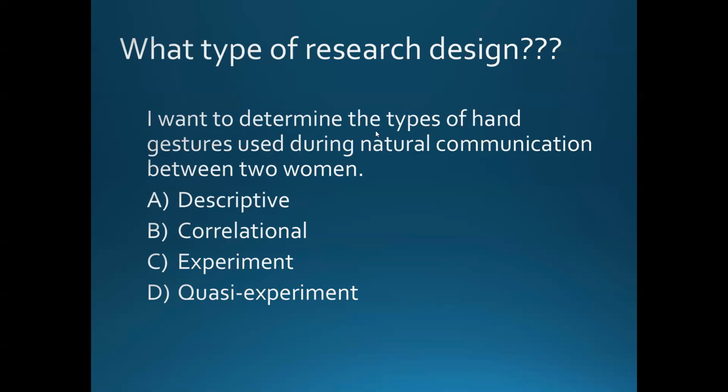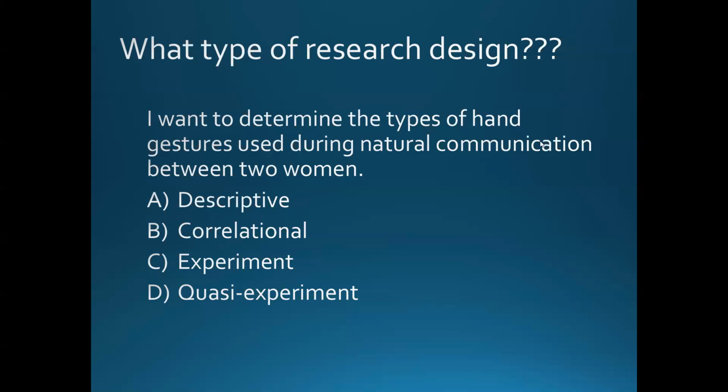So there is no IV or no DV. So I'm a little confused as to why people would think it's an experiment or quasi-experimental just because there's only one variable. So I don't know how to explain that it's not an experiment other than there's only one variable. So we can't look at the cause and effect of just one variable.